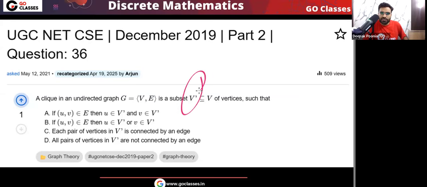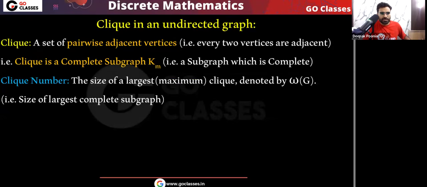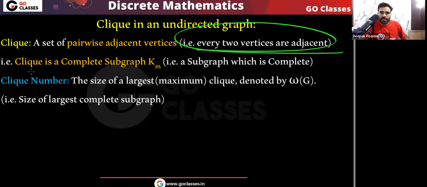It means if this V dash is a clique, then between every two vertices of V dash there is an edge. Every pair of vertices of V dash is connected by an edge. So very simple, this definition. What is clique? Clique is basically a set of pairwise adjacent vertices, means every two vertices are adjacent.